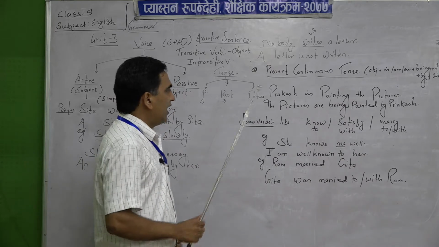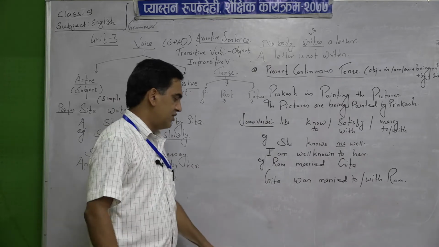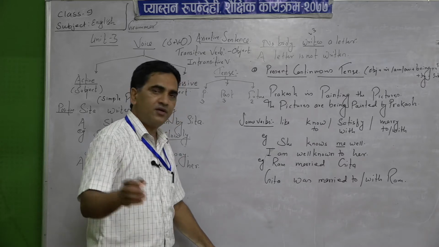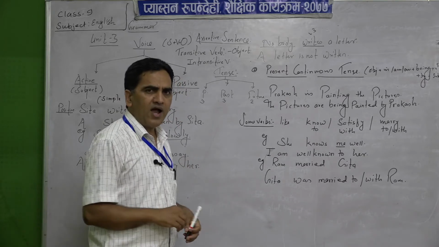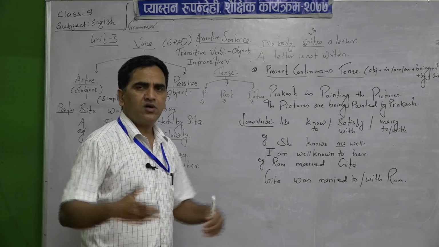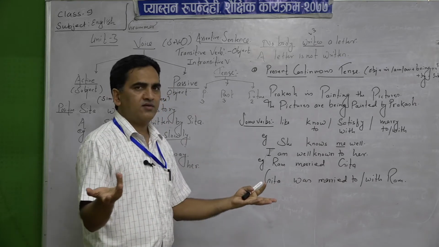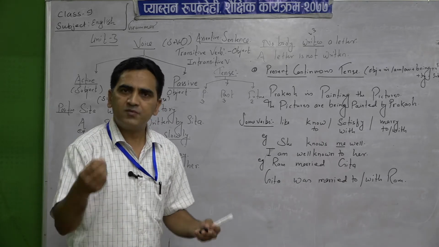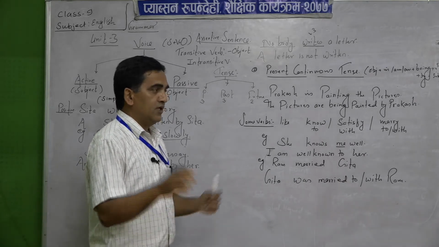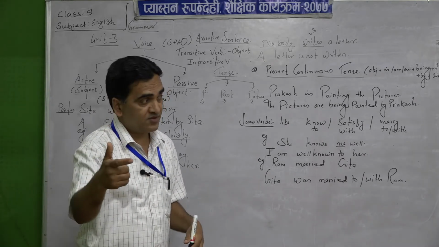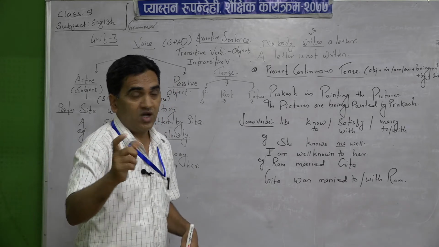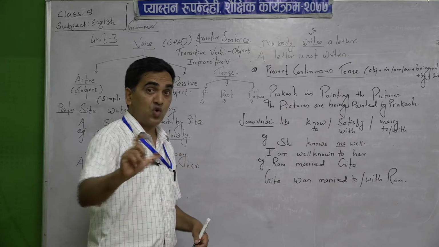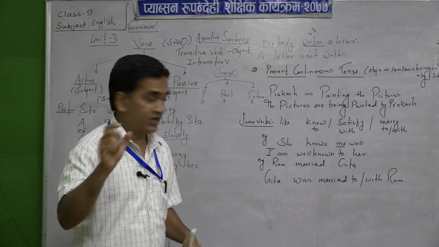Now, my dear students, another thing: when we change to passive form, what is there in our mind? That all the time we should use by as a preposition. No, we don't use by all the time. It is used according to the verb. All the verbs don't take by.